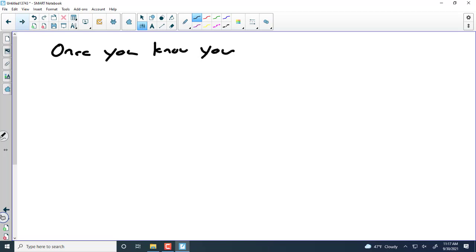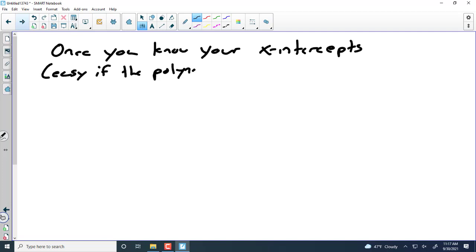Once you know your x-intercepts, which is easy if the polynomial is factored. I mean relatively easy, everyone. I don't want to say anything's easy in this class. But if the polynomial is factored, it is easier to find your x-intercepts.